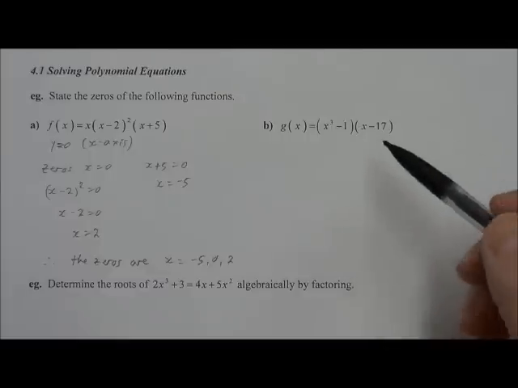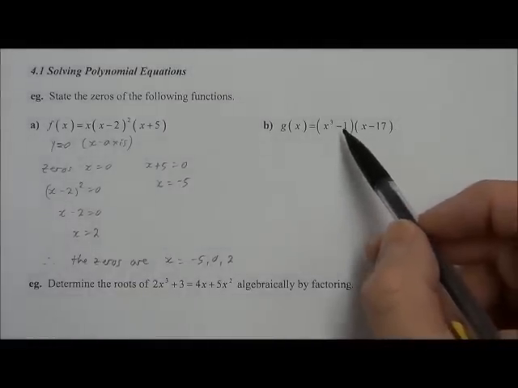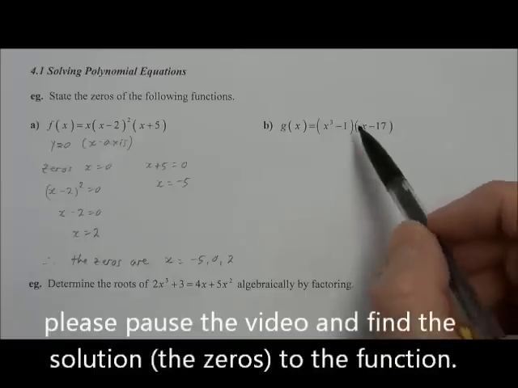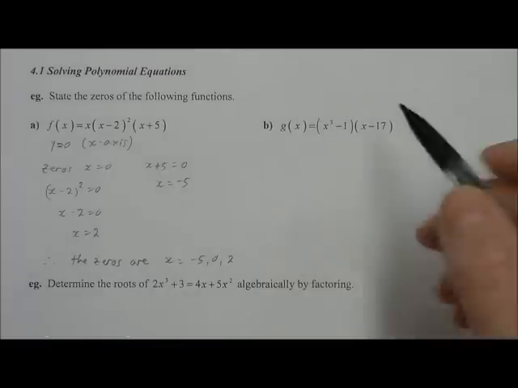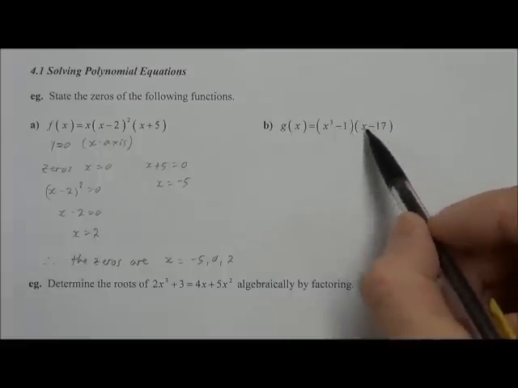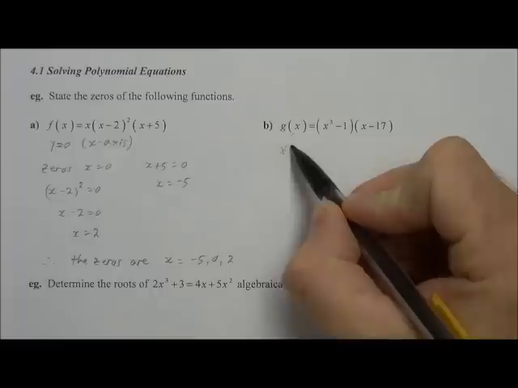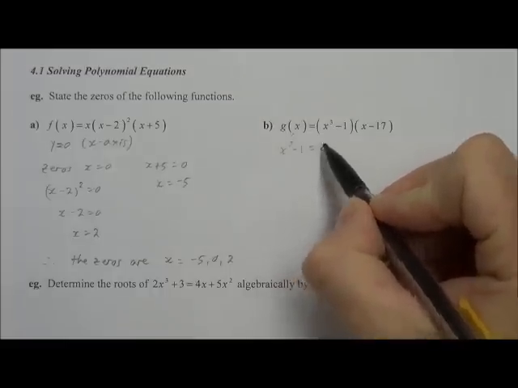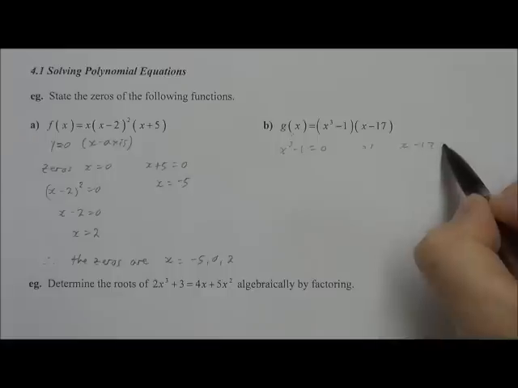The same thing goes for example B. If we're trying to find the zeros, we're trying to find the x-intercepts, and the x-intercepts occur when y equals 0. So if we've got two factors that multiply together and give you 0, that means that either x cubed minus 1 equals 0 or x minus 17 equals 0.